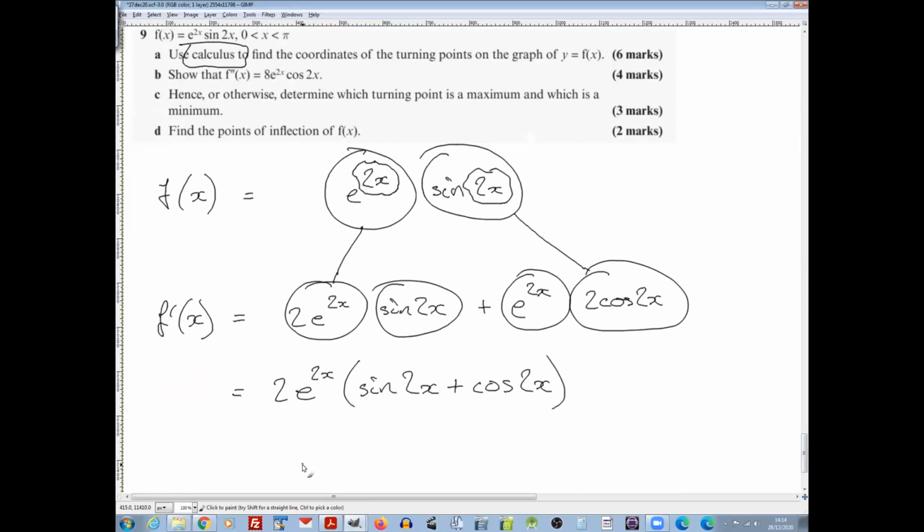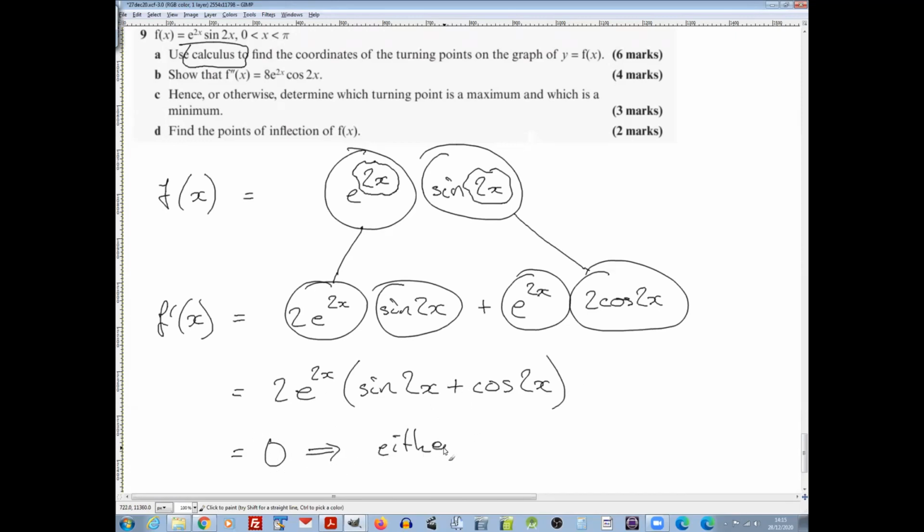We can say 2e to the 2x equals 0. But this is on the assumption that this is equal to 0 because we're at a turning point. Yes, you're right.